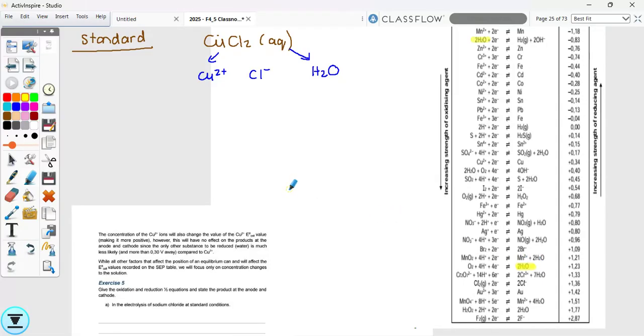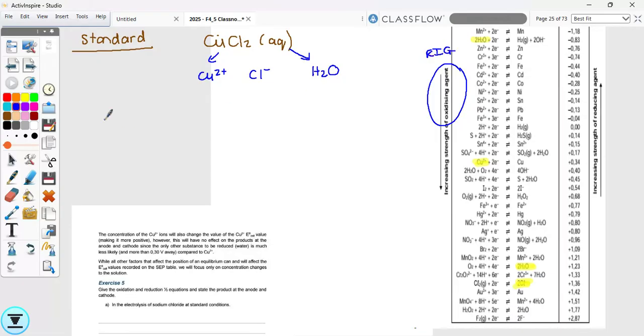Did I do the right one this time? Yes, on that side. Okay, now we look for Cu2+, and there it is, and we look for Cl-, and there it is. If it's standard conditions, you trust your table, and you take the strongest oxidizing agent, and reduction, remember, is gain.